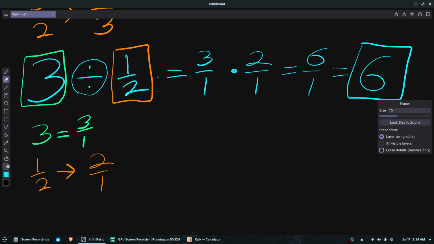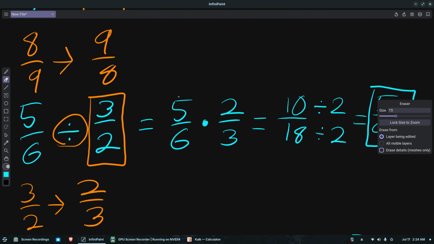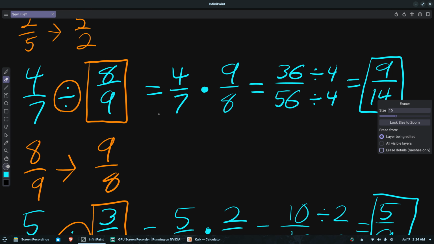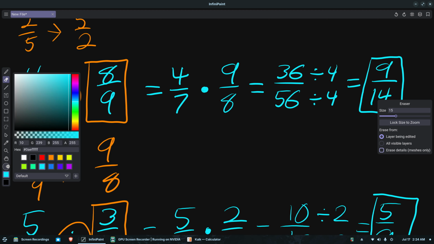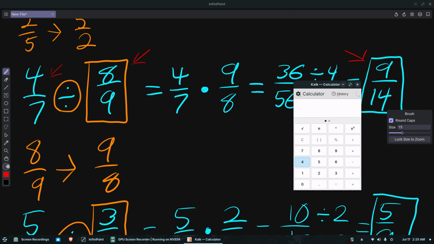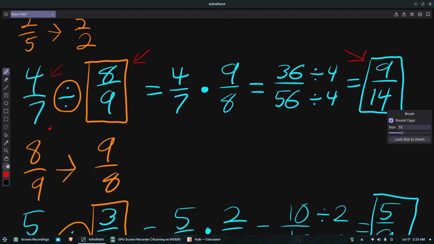And if you look at the examples that we did before, we were dividing by a fraction that was less than 1. We were dividing by 8 over 9, and we started with 4 over 7, and then we ended up with 9 over 14. If you go into the calculator and convert 4 over 7 to a decimal, that's roughly 0.57.